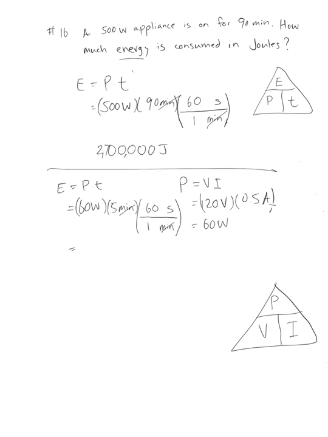And so this will be 60 times 5 times 60 divided by 1, and that'll give us our answer. So 60 times 5 is going to be 300. 300 times 60 would be 1800 joules.